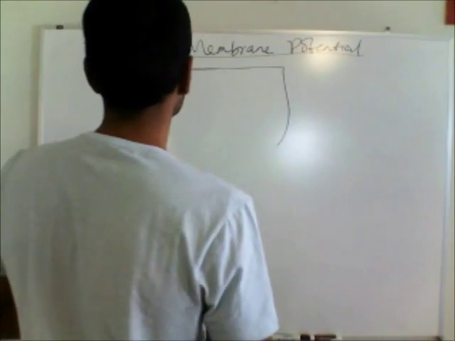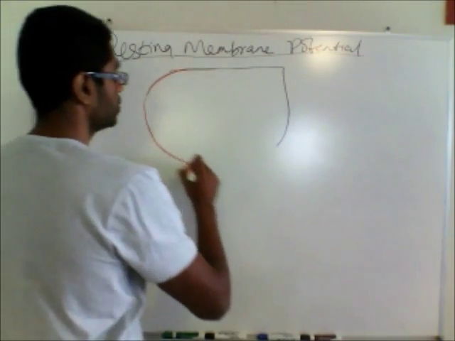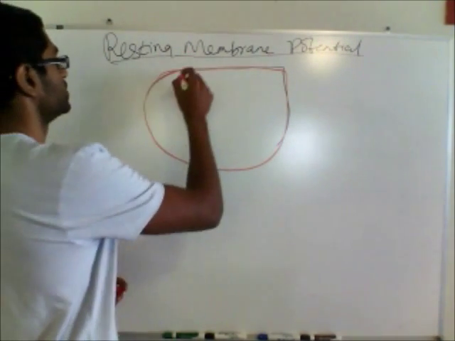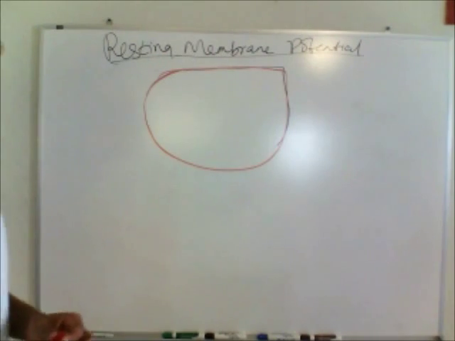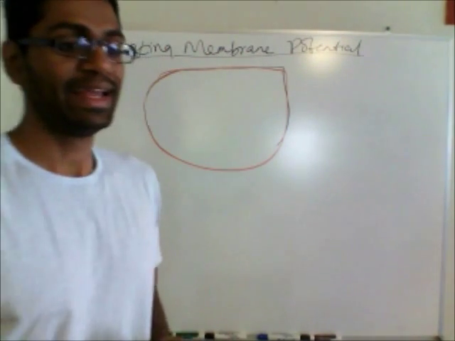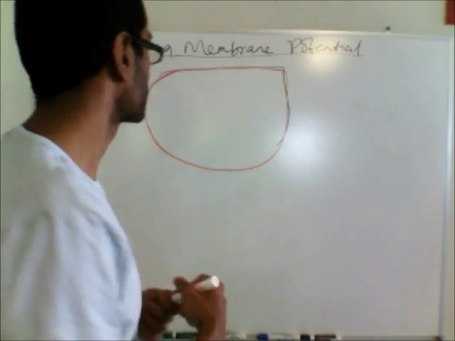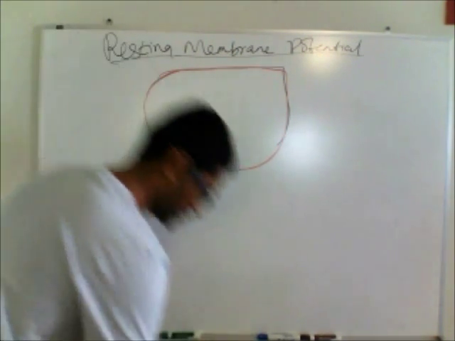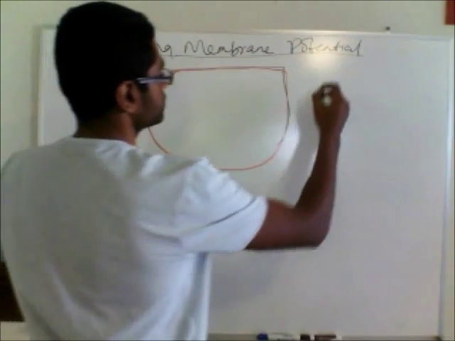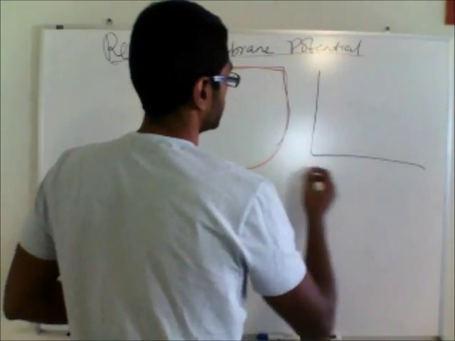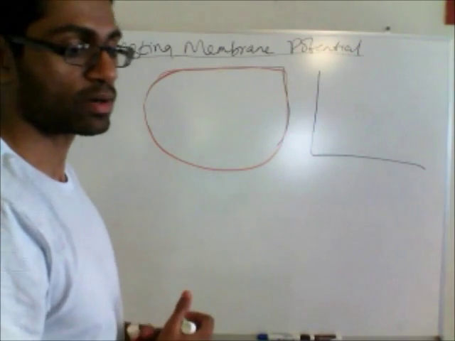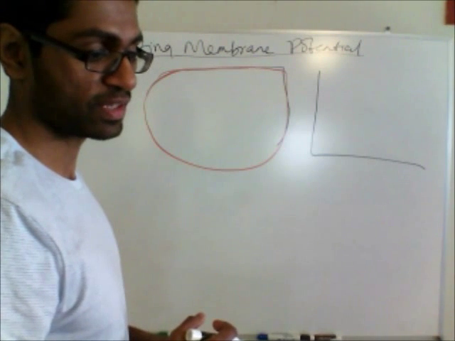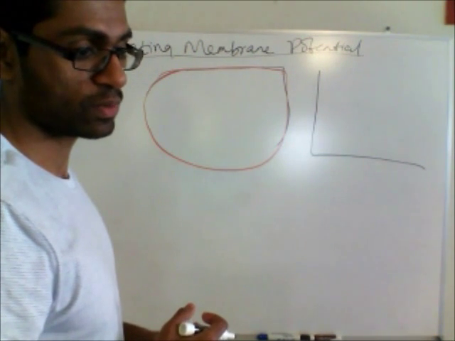Let's go with a different color. We shall go with green. Very, very simple. Action potential. On the side here, we are going to have a little graph. We mentioned that the heart cell is around -70 millivolts.